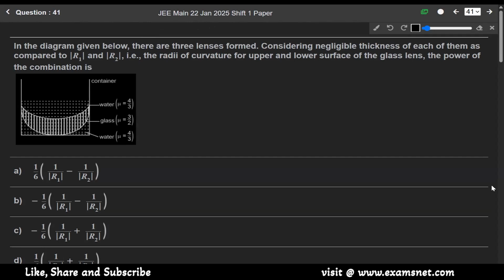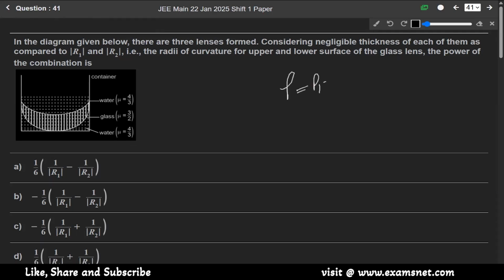We know that the power of a combination of lenses is just the algebraic sum of all the powers, so total power P equals P1 plus P2 plus P3.